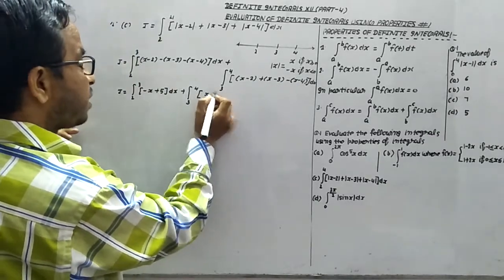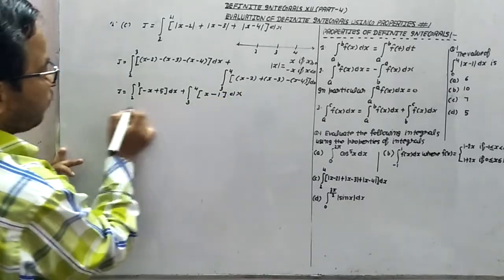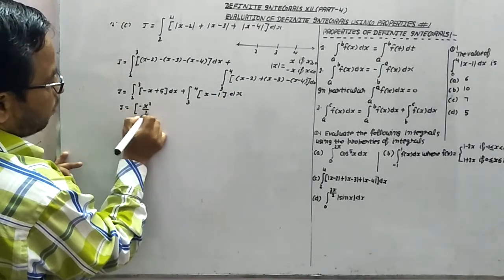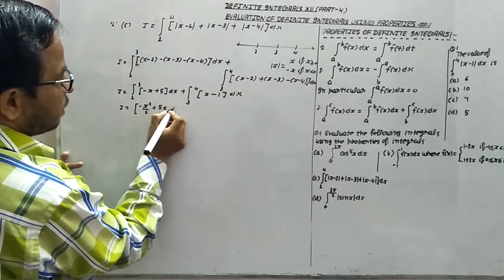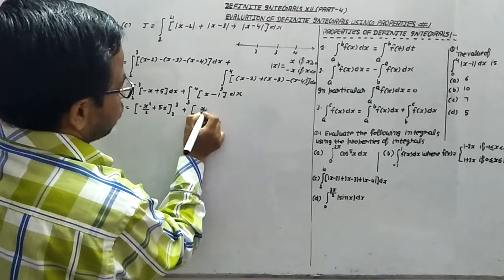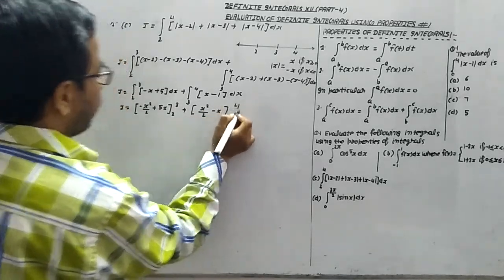It means minus 5 plus 4 means minus 1, dx. Now we will do the integration. What is the integration? Minus x square by 2 plus 5x, from 2 to 3, plus x square upon 2 minus x, from 3 to 4.